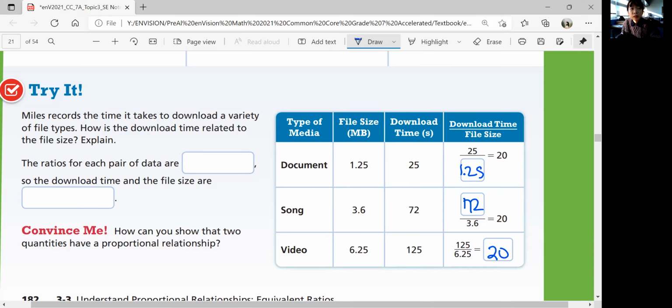So the ratios for each pair of data are equivalent. So the download time and the file size are proportional. They have a proportional relationship. How can you show that the two quantities have a proportional relationship? We show all the ratios that relate the two quantities are equivalent.